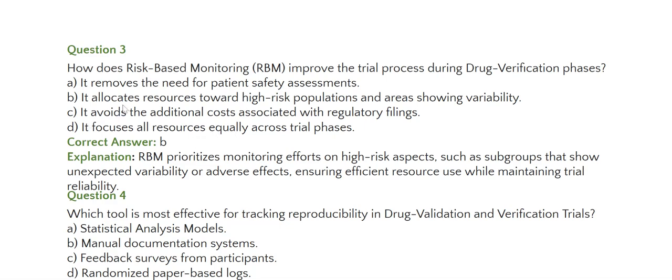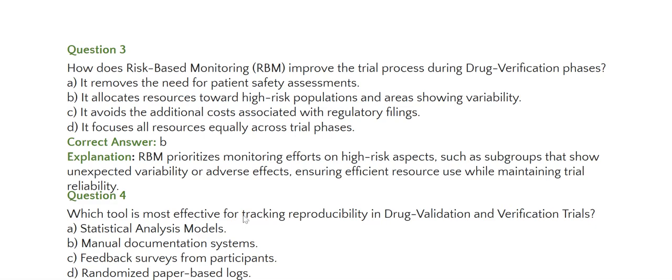So the answer is B, which applies to all trials. It allocates resources toward high-risk populations and areas showing variability, as RBM prioritizes monitoring efforts to high-risk aspects such as subgroups that show unexpected variability or adverse effects, ensuring efficient resource use while maintaining trial reliability.